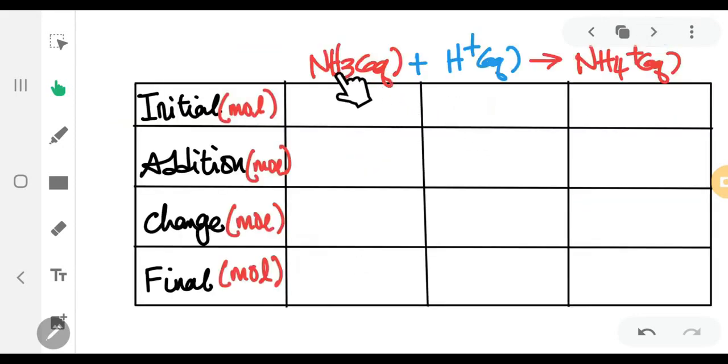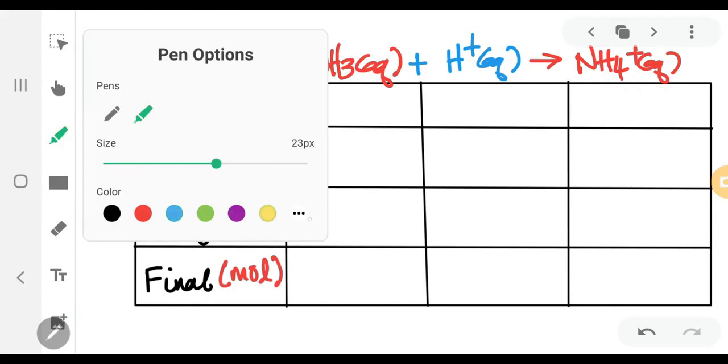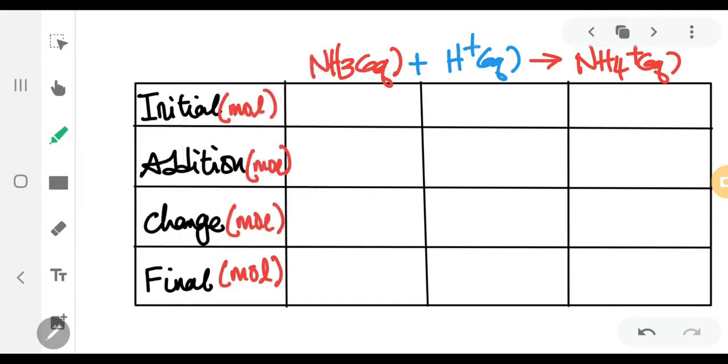So this is the reason why we have NH3 aqueous plus H plus aqueous to produce NH4 plus aqueous on top, because the additional H plus, remember, comes from the HCl, and NH3 aqueous from the buffer will want to remove that.